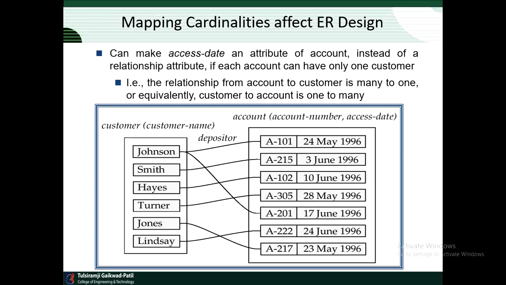Here, Johnson has two accounts, that is A101 and A201. But if we consider that accounts A101 and A201 are associated with only one customer, that is Johnson, then account to customer is many-to-one mapping cardinality, and customer to account has one-to-many mapping cardinality.